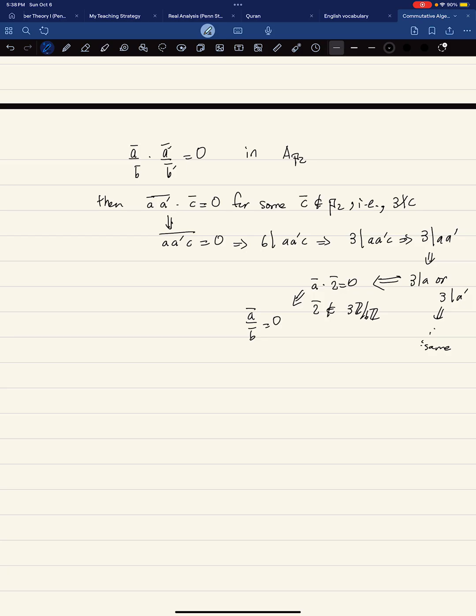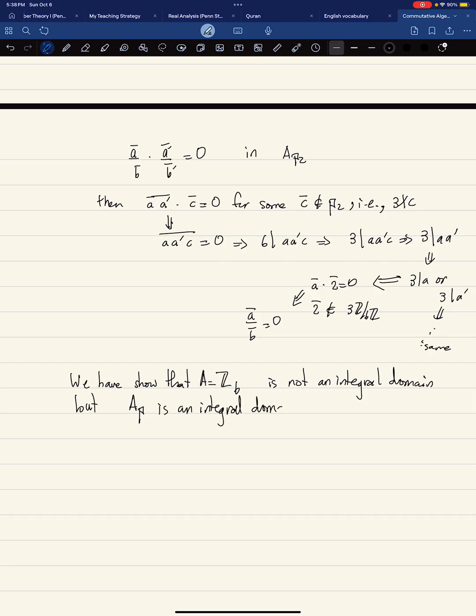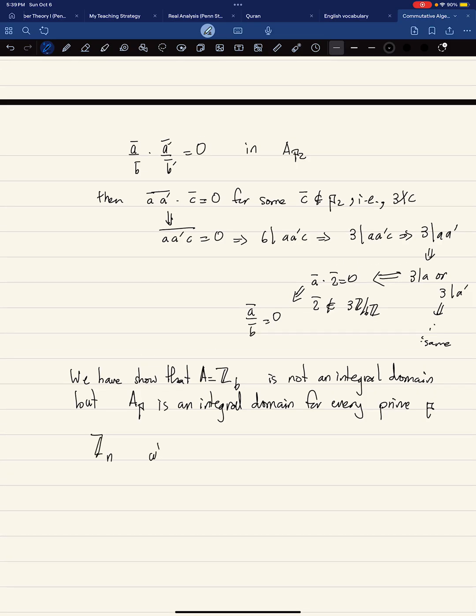So thus we have shown that Z6 is not an integral domain, but A_P is an integral domain for every prime P. And I think we could have taken any Z_n where n is a product of distinct primes.